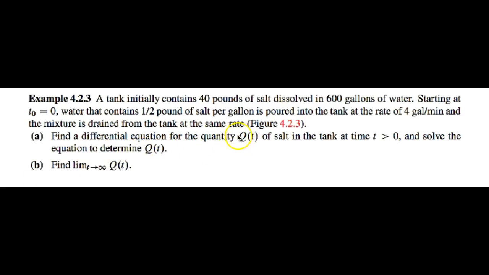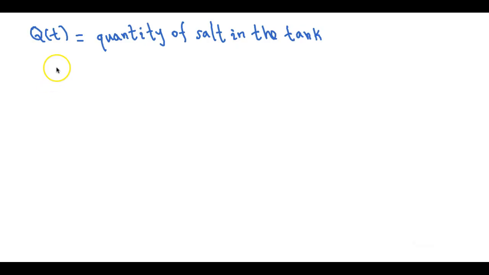So in this case, we're going to denote the state variable as q of t, and the first task would be to write down a differential equation for q of t, assuming that time is positive, with the ultimate goal of solving the differential equation and therefore establishing what is the limit of q of t as t goes to infinity. So first, the state variable here is q of t, which denotes the quantity of salt in the tank. And we're interested in the rate of change. We're going to formulate a differential equation in terms of the rate of change of the quantity of salt in the tank.